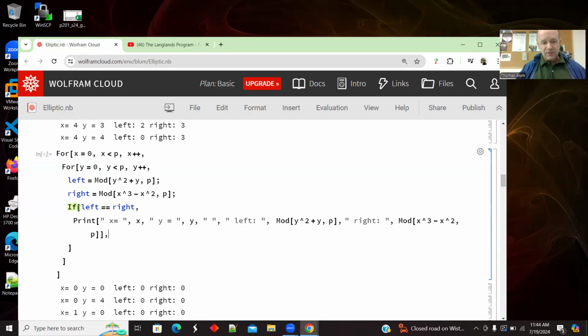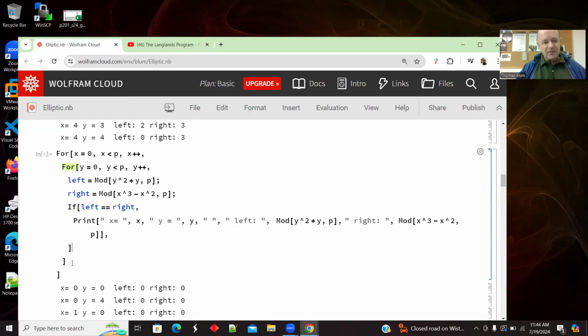Here is the first argument of the If: left equal equal right, with two equals signs. If left equals right, I'm printing. My third argument of the If is just blank, since I don't care to do anything if it's not true.